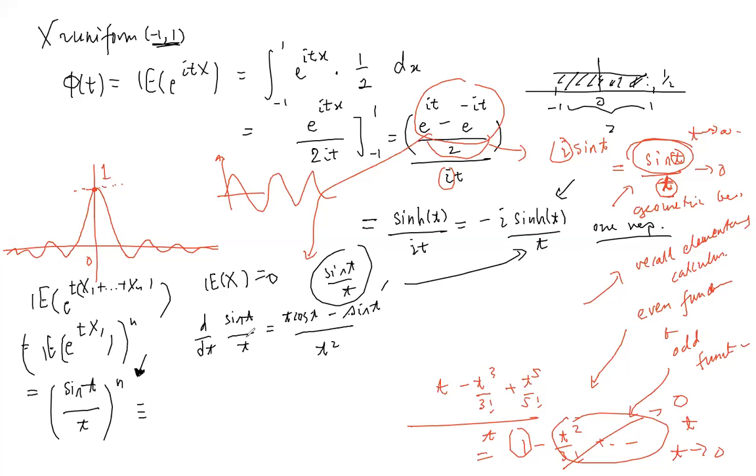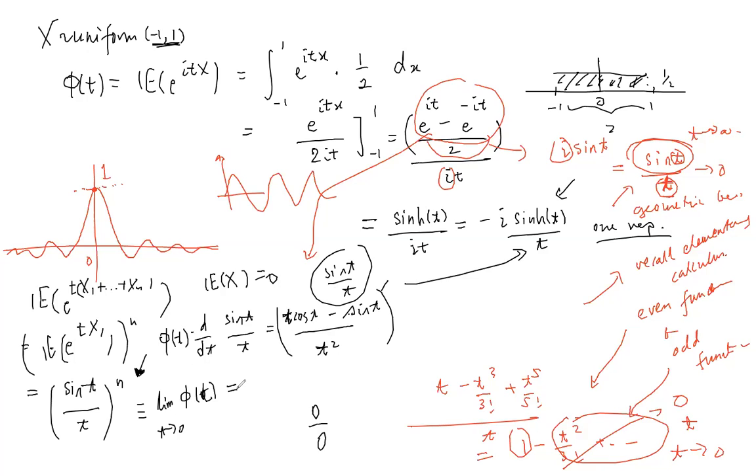So this is the derivative. We can't actually set t to 0 because here you end up with a case of 0 over 0. So it is a limiting case: limit t tends to 0. So you want to let t tend to 0, instead of plugging in t, because it doesn't work, you'll get 0 over 0.